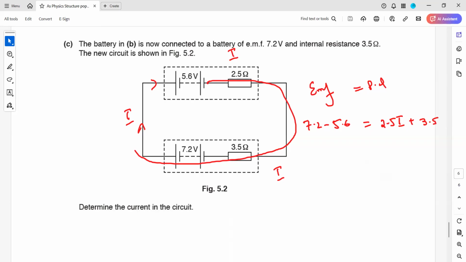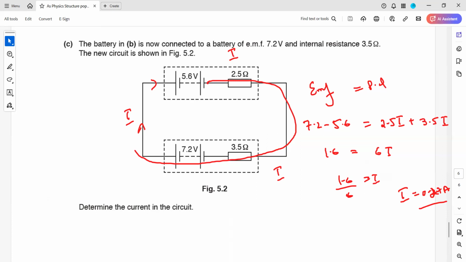Now we can simplify. 7.2 minus 5.6 is 1.6, and this equals 6I. So 1.6 divided by 6 is 0.27, so you get 0.27 ampere.